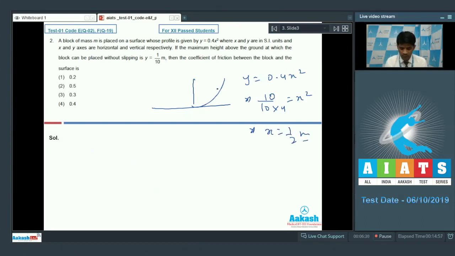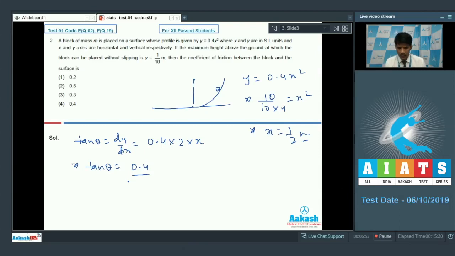We need to find the slope at this particular point where the block will just be reaching the state of impending motion. So tan theta there would be dy by dx, that will be 0.4 into 2 into x. Putting the value of x to be 1 by 2, we'll be getting the tan theta value to be 0.4.